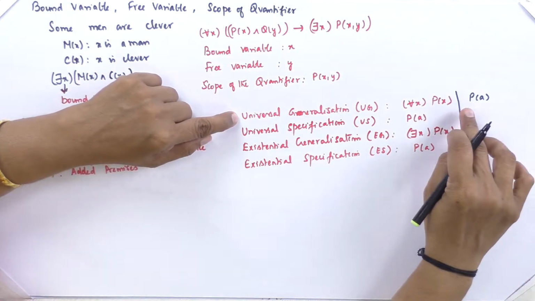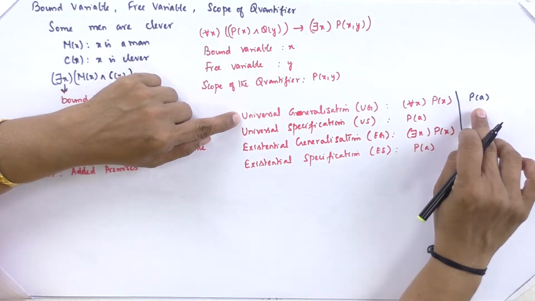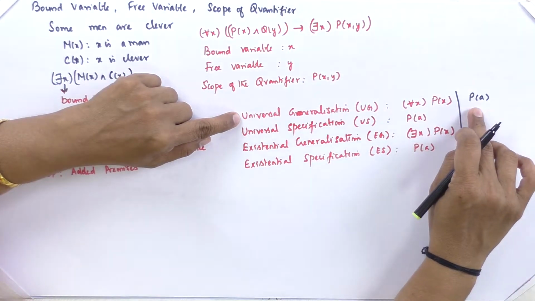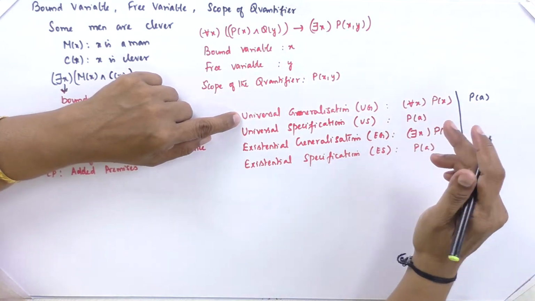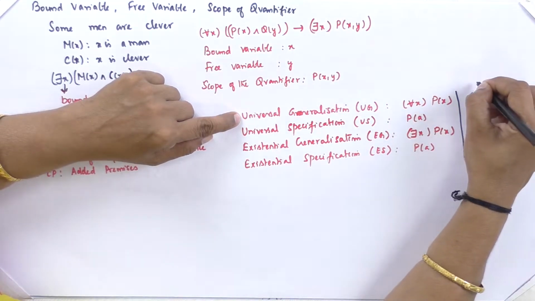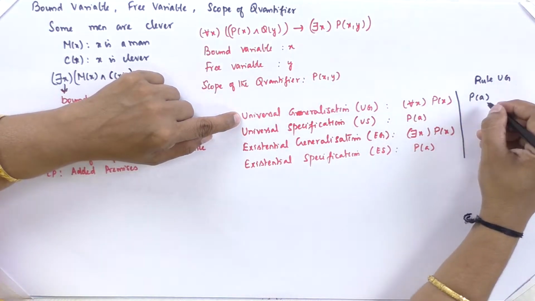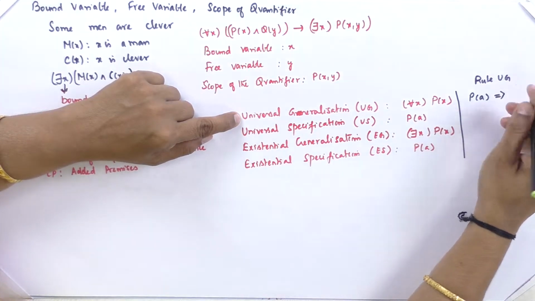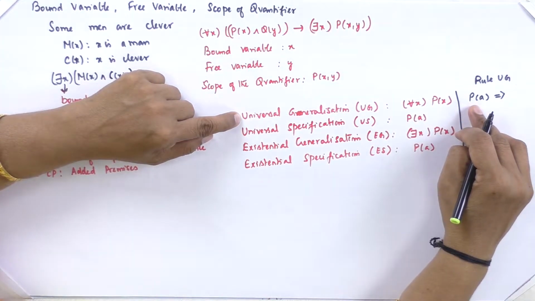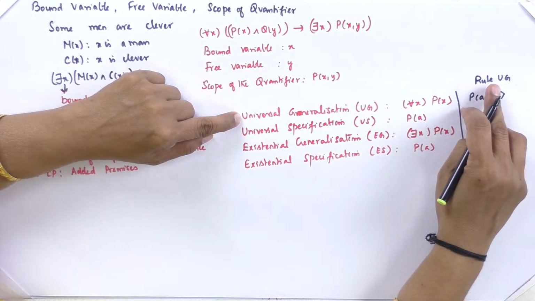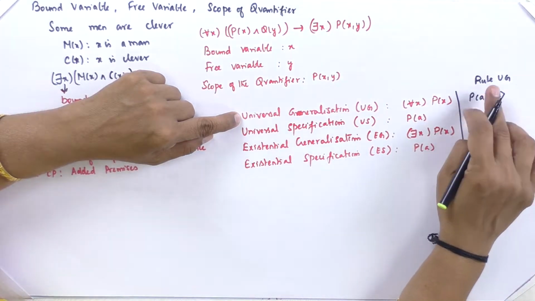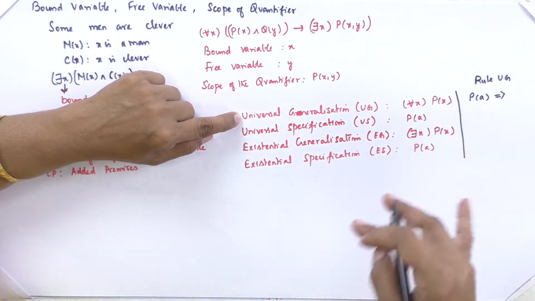How do I represent this singular, specific thing in a generalized form? Whenever I apply rule UG, I can write this as implies. This is true only for a particular person, so I have to generalize it, and it must be true for all.